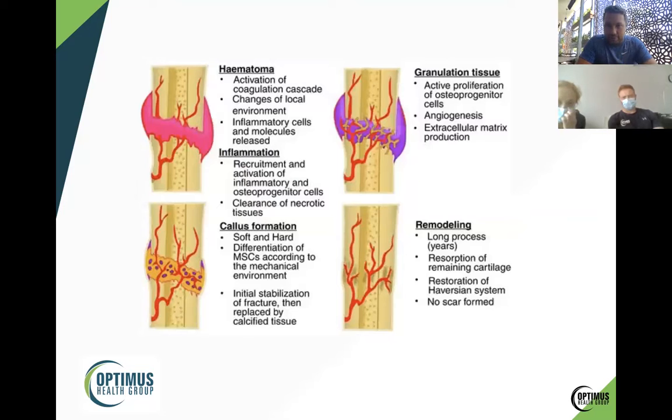So just a quick summary of that bone remodeling process, looking at a timeline of kind of 10 to 14 weeks. We know that soft callus has formed through the tibial tunnels after an ACL reco. And it doesn't matter what graft you have, we know that soft callus has formed.